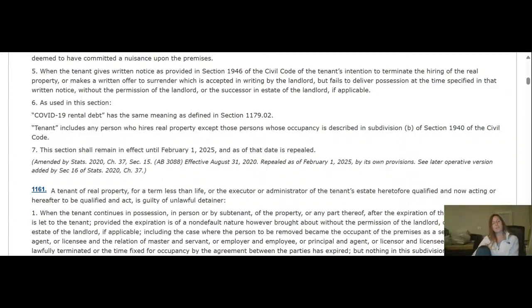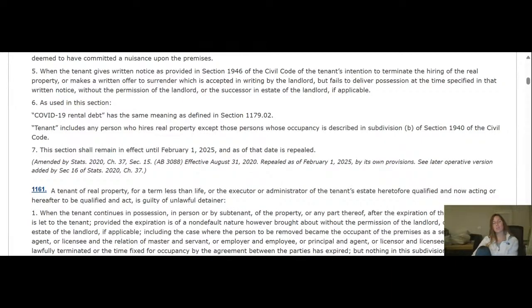Okay, so when a tenant gives written notice as provided in section 1946, we know that section of the Civil Code, of the tenant's intention to terminate the hiring of the real property or makes a written offer to surrender, which is accepted in writing by the landlord, but fails to deliver possession at the time specified in that written notice without permission of the landlord or the successor in estate of the landlord, if applicable, as used in this section.